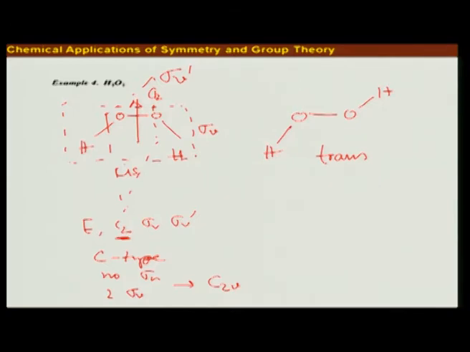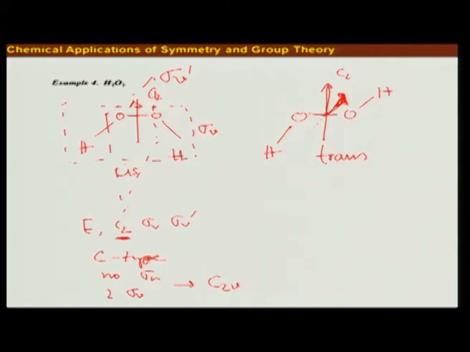On the other hand, for this structure, what are the symmetry operations? I have one C2 along this axis in the plane of this molecule. Okay, so this is one C2. Another C2 I can think of is perpendicular to the plane of this molecule. If I write a stereo structure, this is at the bottom.